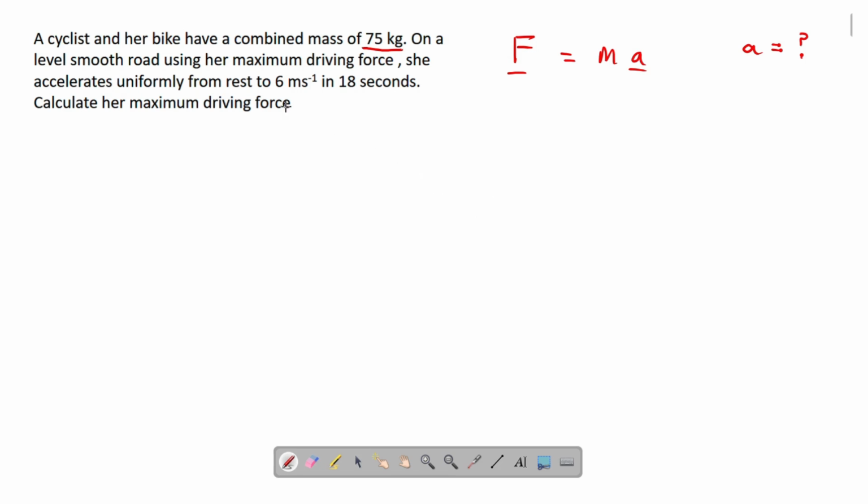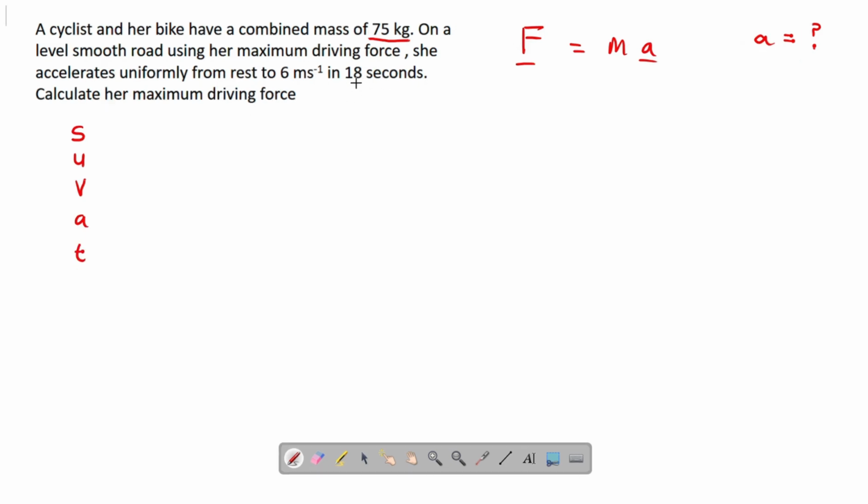Well, we need to decide which of the SUVAT equations to use. So let us write out SUVAT to make that decision. So in the question here, we can see that the time given is 18 seconds. We want to find the acceleration.